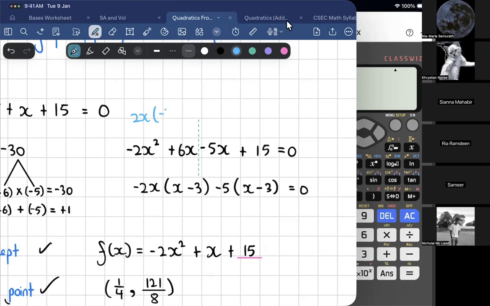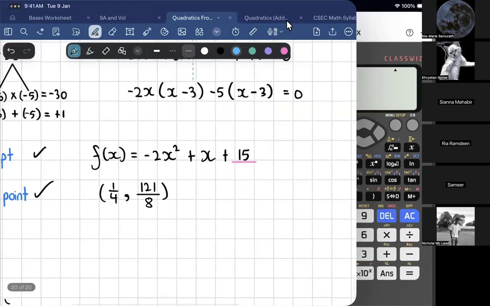Now I'd write minus x plus 3, because I would need to get a negative here. And if I just decided to pull out 5, what would I write? Minus x plus 3. Yeah, and I know it's looking a bit different, but when you do the maths, you'll get the same answer. It would be the same thing.